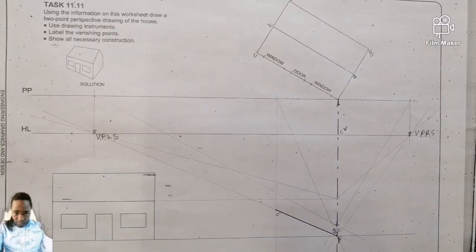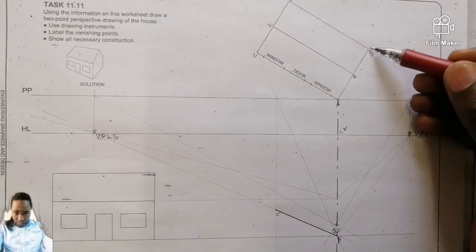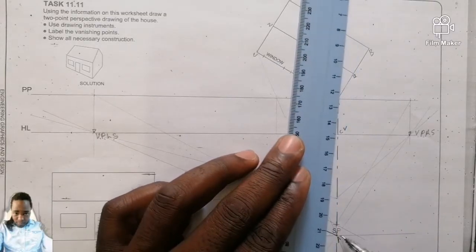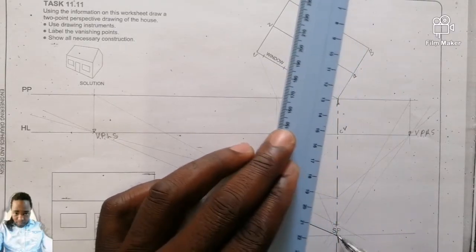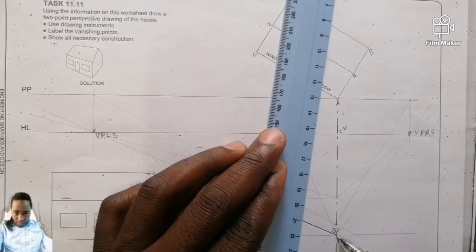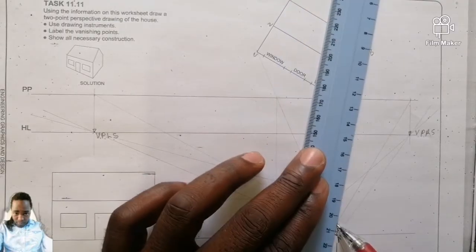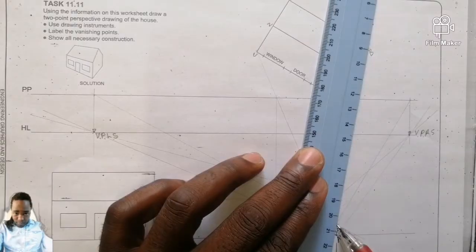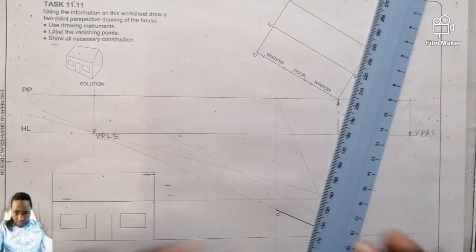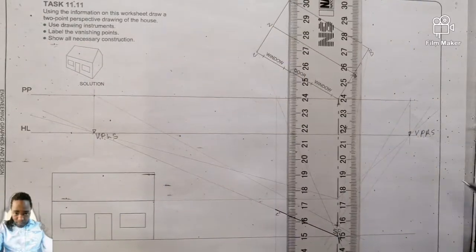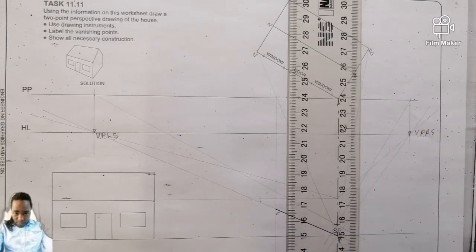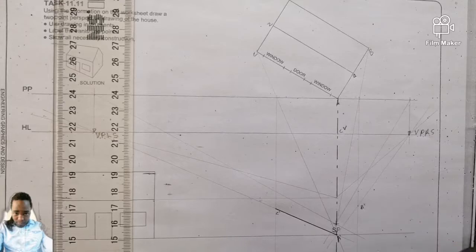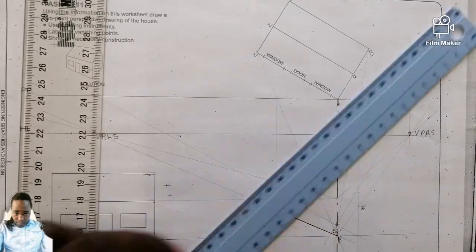Let's get point B this side, directed to your stationary point. There is your stationary point, not this one. Once it touches the picture plane, it becomes vertically down. So there is my first derivative of point B. Draw it dark.